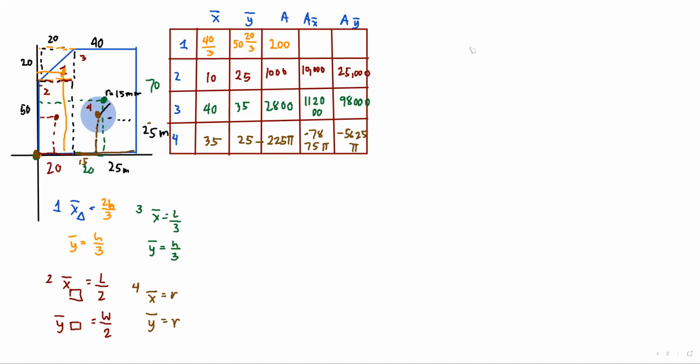Next, lastly, 200 times 40 over 3. 8,000 over 3. Tapos 200 times 50.